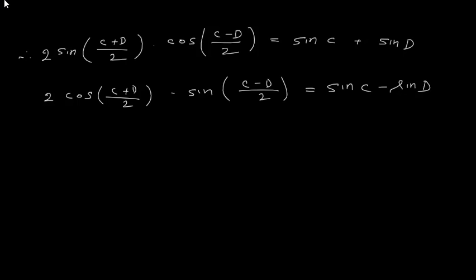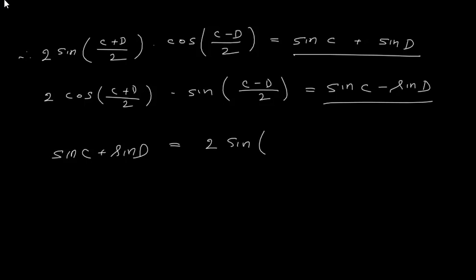So we have seen that related with sin and cos, now we have multiple formula, submultiple formula, we have factorization formula, we have defactorization formula. Factorization means we can convert them in factors. So this sin c plus sin d, you can convert them in factor as 2 sin (c plus d)/2 cos (c minus d)/2.